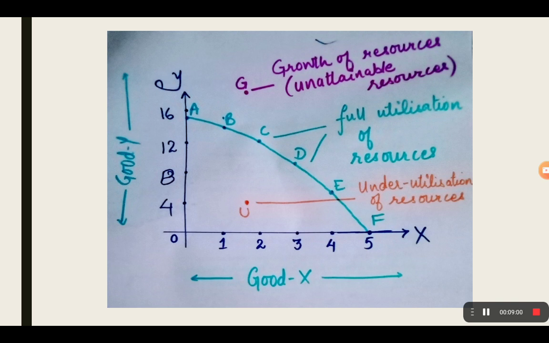This is an unattainable combination because the given resources and technology are constant, and being on the same PPC, this point cannot be attained. Until there is an increase in resources or technology, this point cannot be attained, and as and when the resources change, the PPC will also change.